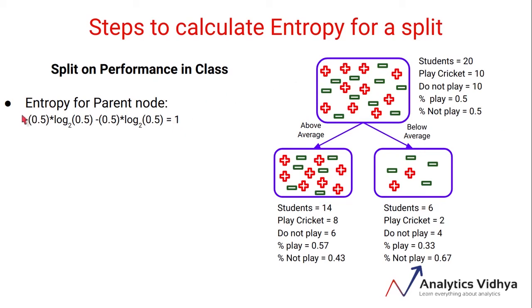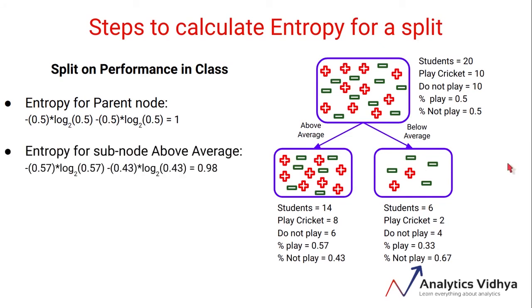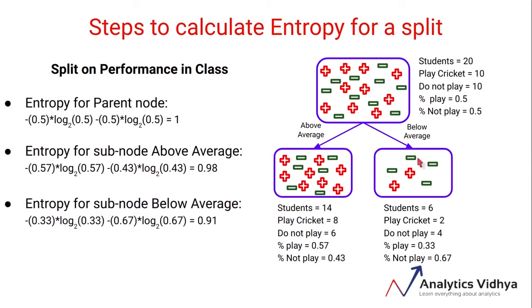Remember this formula we saw for entropy earlier, we've just simply plugged in the value. Similarly, for the subnode above average, the probability of playing is 0.57 and probability of not playing is 0.43. When we plug in those values, the entropy comes out to be 0.98. For the subnode below average, we do the same thing.